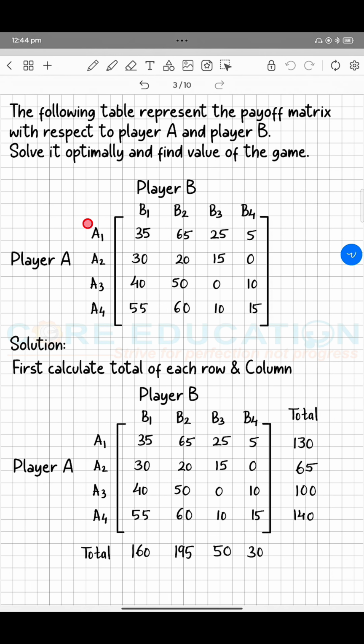Player A has 4 strategies, and player B has 4 strategies. First calculate the total for each row and column. Here are the totals: 130, 165, 100, 140, 160, 195, 50 and 30.